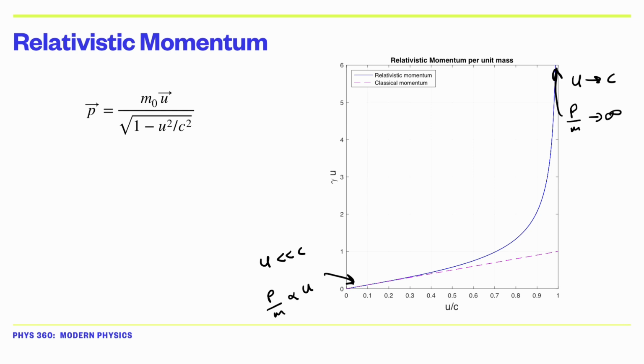As the velocity approaches the speed of light, the momentum per unit mass diverges to infinity. As we will see later, this is partly why faster than light travel is impossible, because of divergences when quantities approach the speed of light.